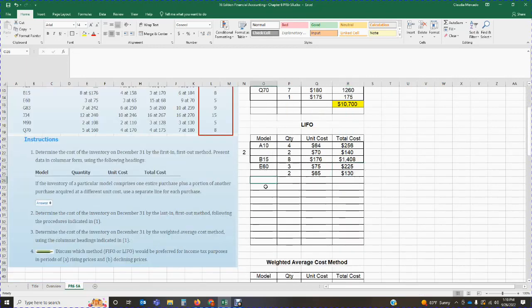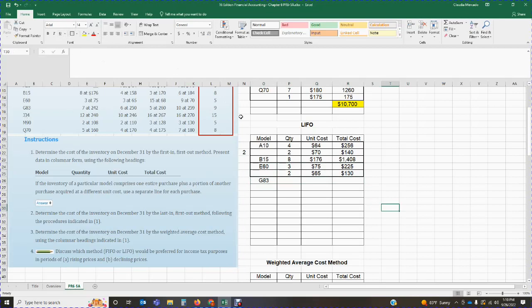So that's E60, G83. For G83, we have 9 units remaining. And remember, we are keeping the oldest. My oldest starts over here at our beginning inventory, 7 at 242. But remember, for G83 we have 9 remaining, so I have 7 already accounted for.